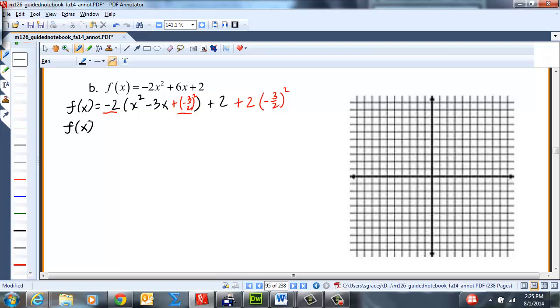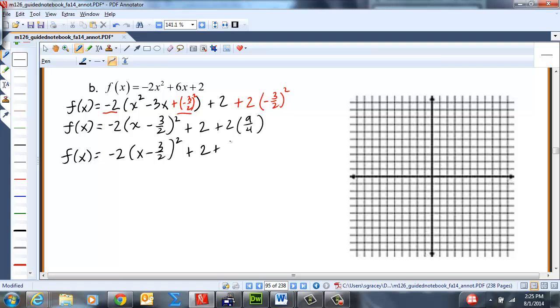f of x will be equal to negative 2 times the quantity x minus 3/2 squared, plus 2, and then plus 2 times 9/4. So f of x will be equal to negative 2 times x minus 3/2, the quantity squared, plus 2 plus 9/2, because the 2 will divide out some of the 4.